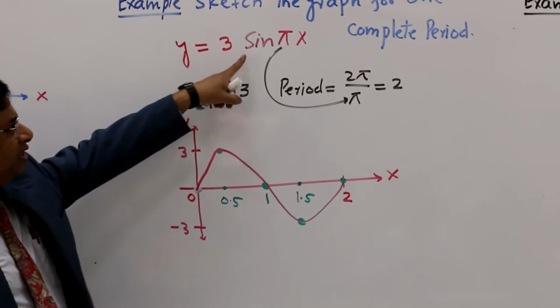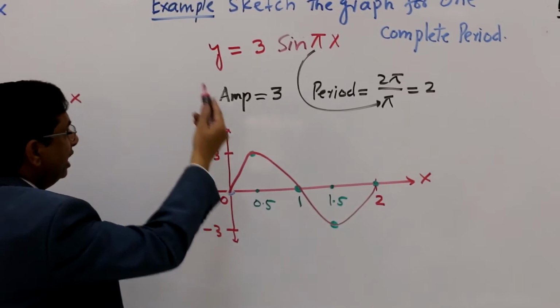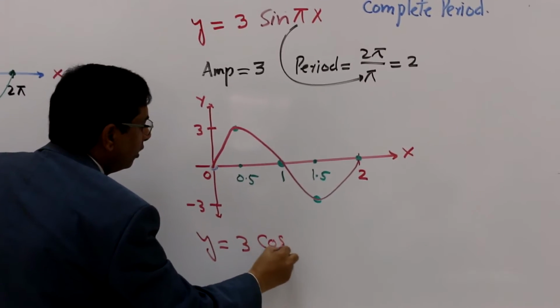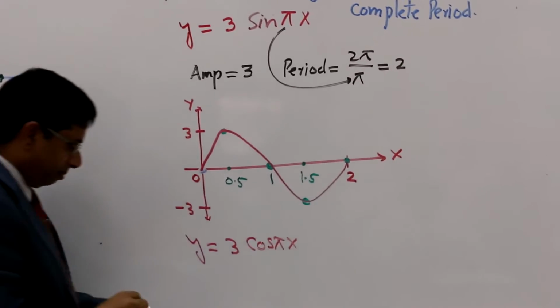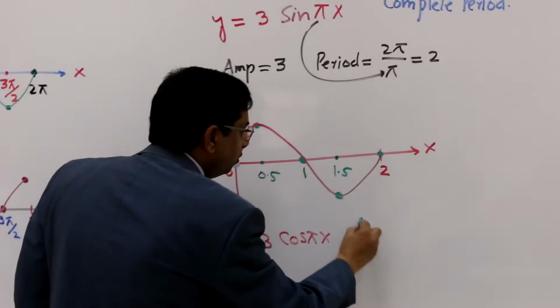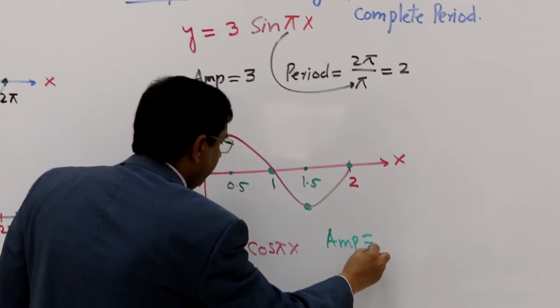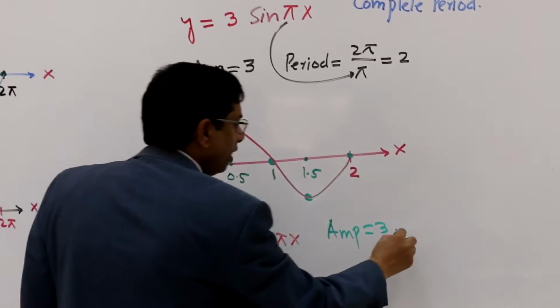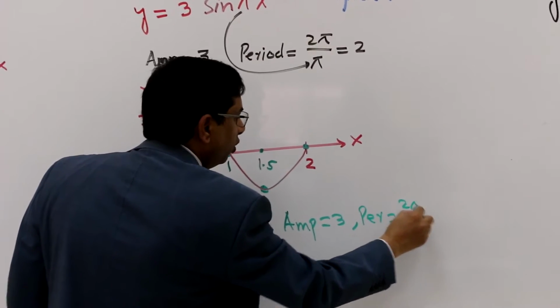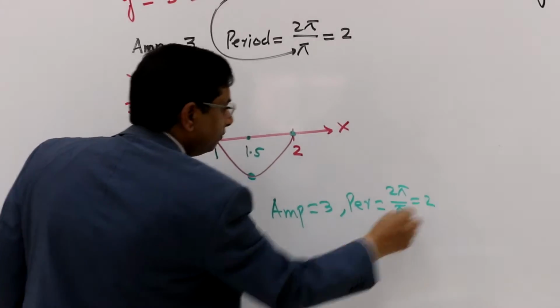Okay. If this is a cosine function, for example, the same question, 3 cos(πx), the same thing we do here. We write its amplitude. Amplitude is 3. Period is 2π over π, which is equal to 2.